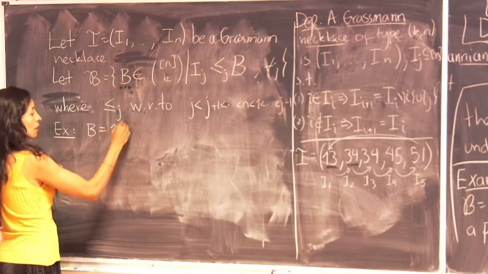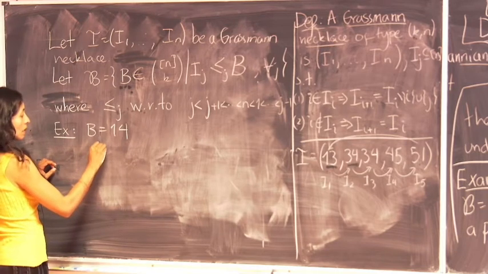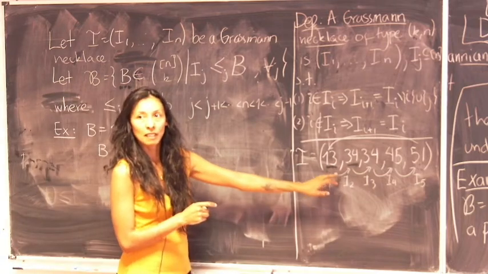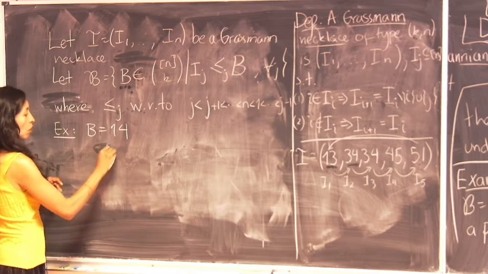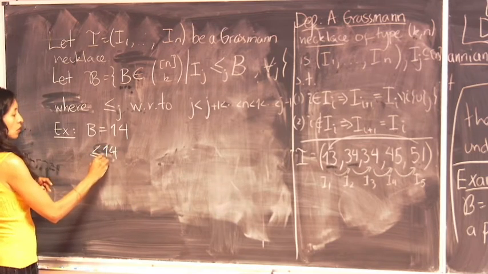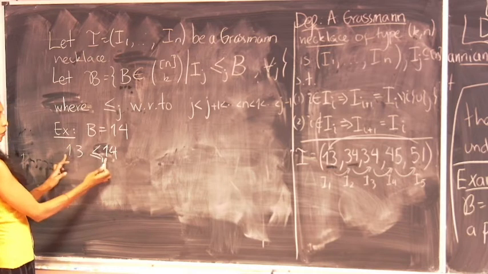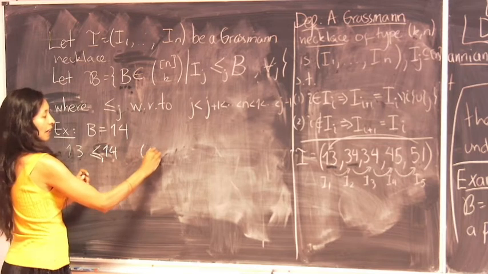So basically, if I take B equal to 1, 4, then I want to compare B with respect to this Grassmann necklace, first to the usual order. So I want to compare 1, 4 with the order 1, and it has to be bigger than or equal to the set 1, 3. Component-wise, this is the case. And here the underlying order was this.